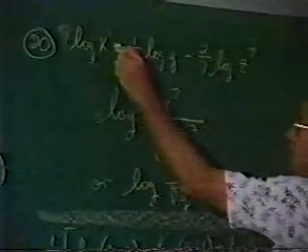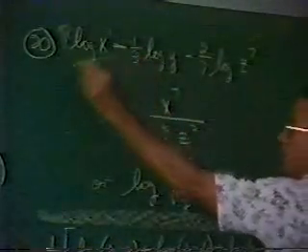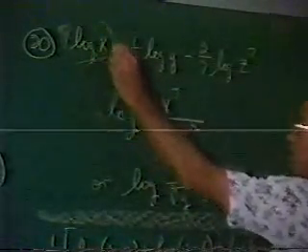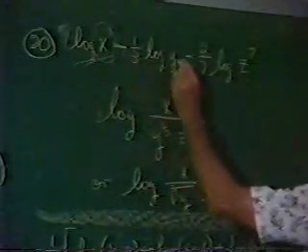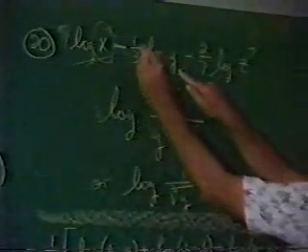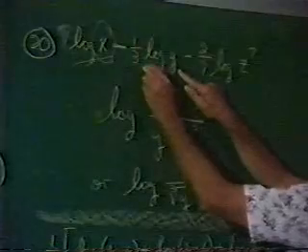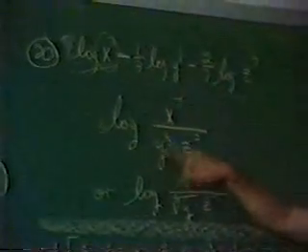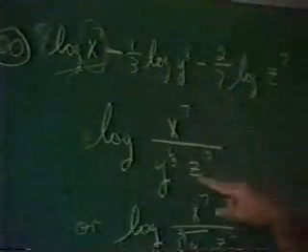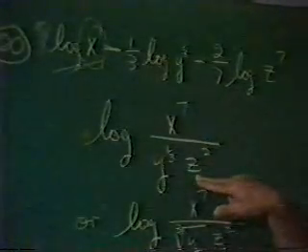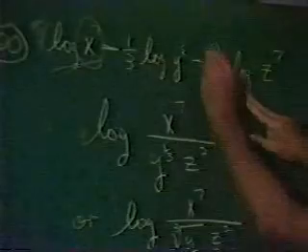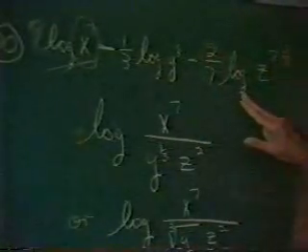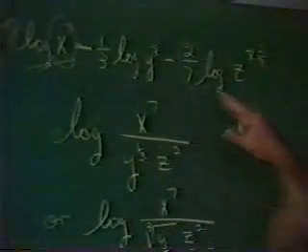Then subtraction means division. So I'm going to take this part, which is x to the 7th, and divide it by this part. Well, again, I can take this power right here and move it in here. So I'm dividing by y to the 1/3. Division, again, simply says keep dividing. So this goes on the bottom. And again, I can take this power out in front and move it inside here, and those divide out, and we have z squared.